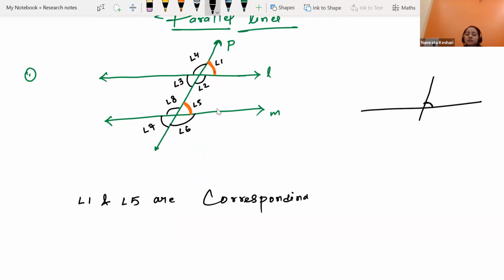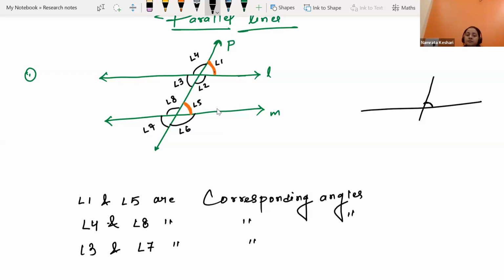Who will say the remaining pairs of corresponding angles? Angle 4 and 8. Angle 2 and 6. Angle 3 and angle 7. Perfect. These are pairs of corresponding angles.